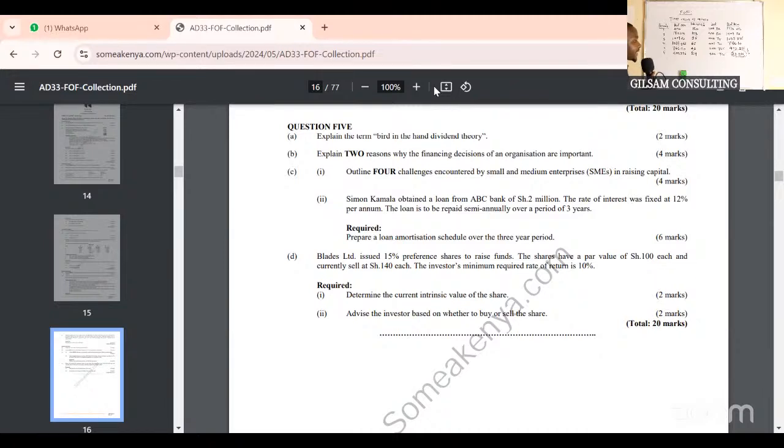So always the examiner will not give you the installment. And in fundamentals of finance, you need to be keen. These things are written semi-annually, at the end of the year, at the beginning of the year. That's why many people coming out of exams like AFM, FM or FOF say the paper was easy. But they have not seen these: at the end of the year, semi-annually, compounded, and quarterly.